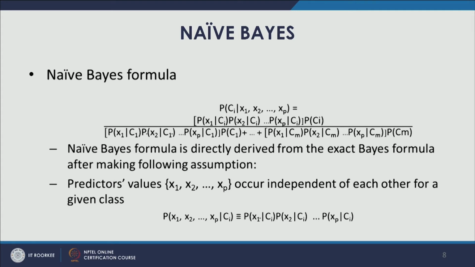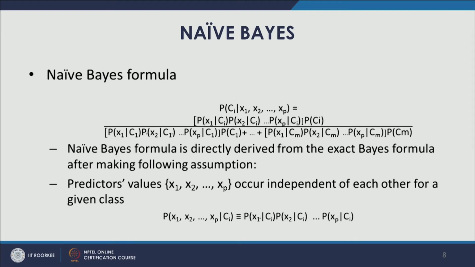All these numbers are multiplied, and then the proportion of records that belong to this particular class Ci is also multiplied. Then in the denominator you can see the same expression for all the classes. The first expression is for C1, followed by a similar expression for C2, and similarly for other classes up to the last class, the mth class. So, you can see the same is here.